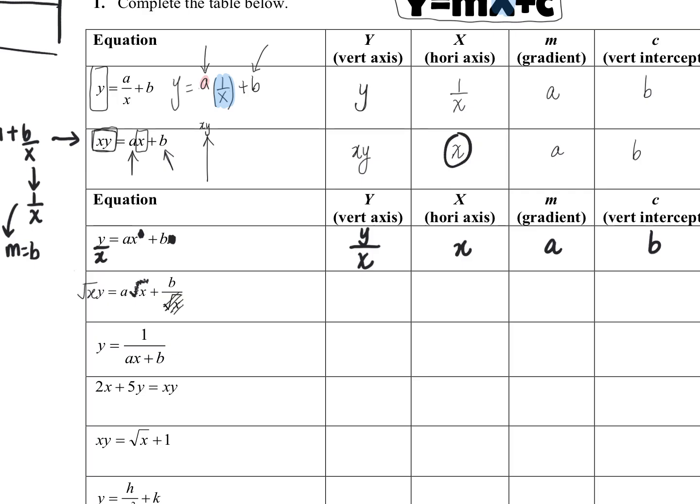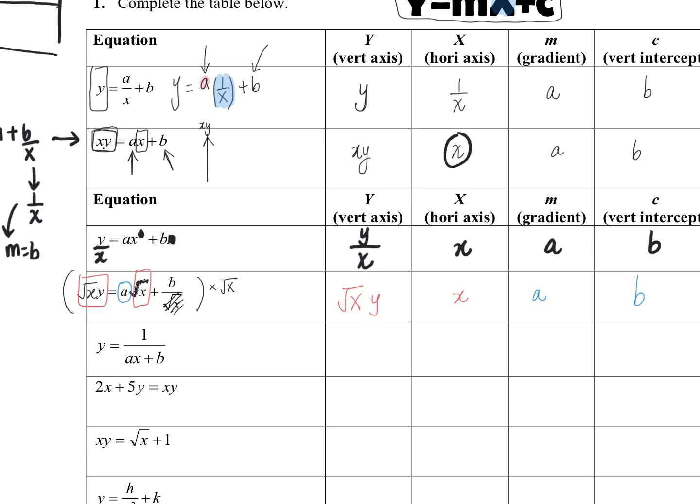If you multiply throughout by square root x, now my new y is this. My new x is just x. Then my gradient will become A, and my y-intercept is B.